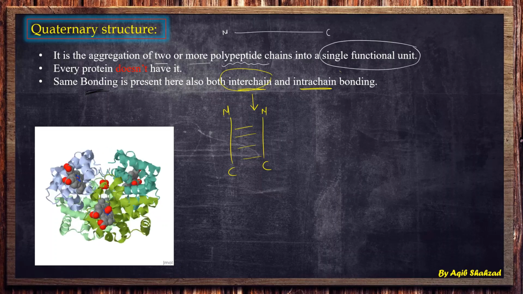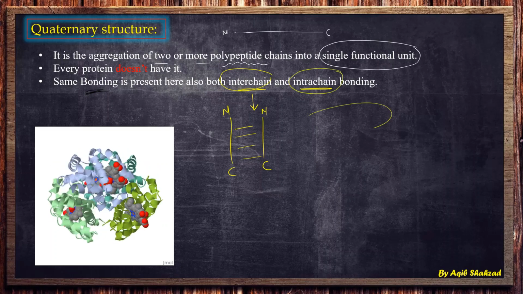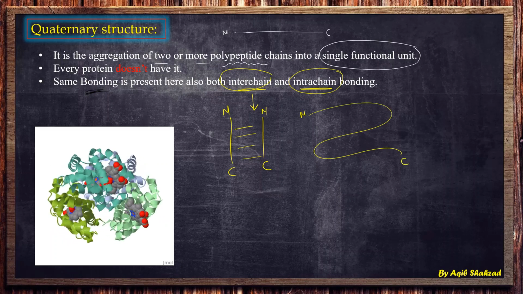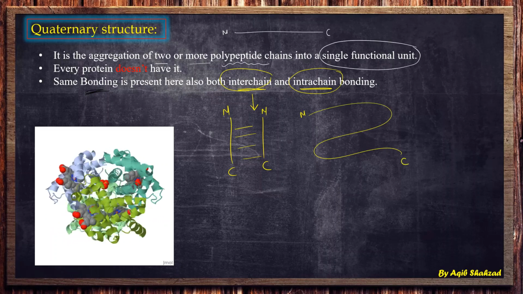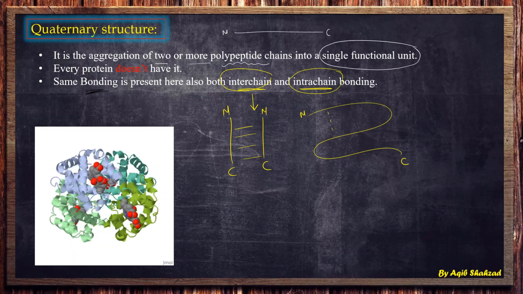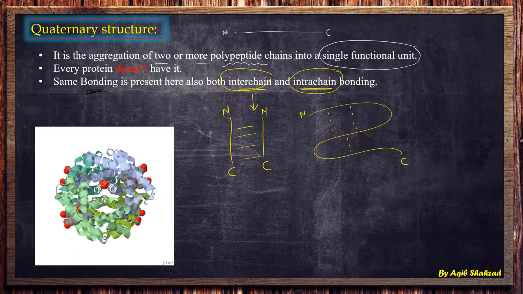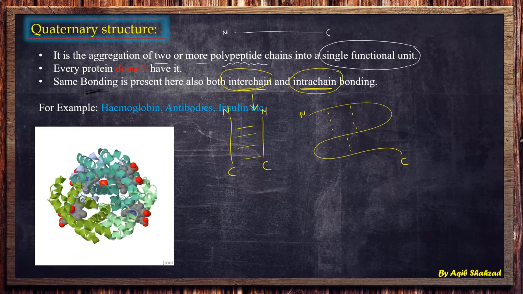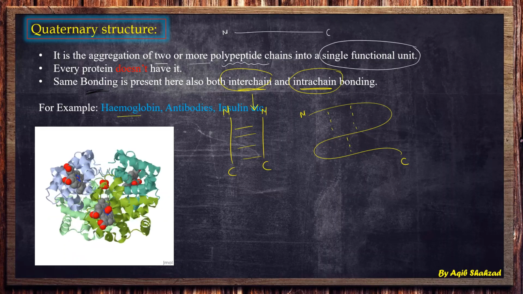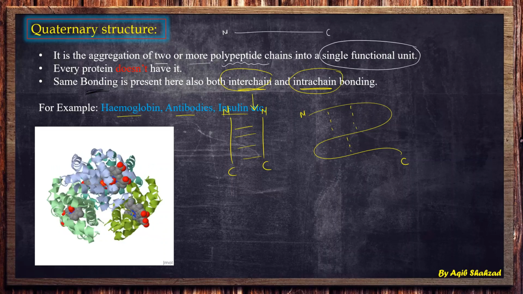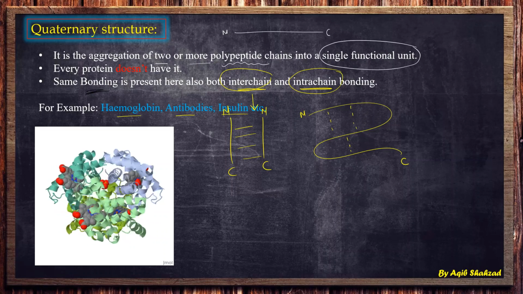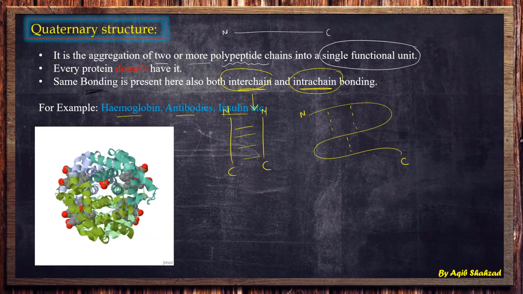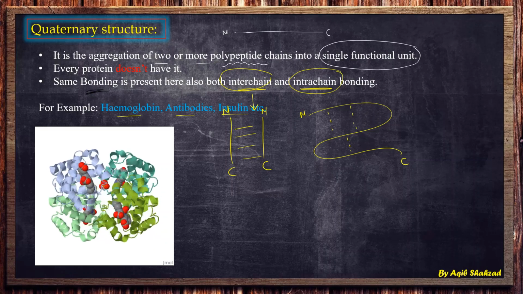And intrachain means this is just a single chain, which contains the N and C terminus, and in the same chain of polypeptide we find these bondings. So this is the explanation, simple. Examples are hemoglobin, antibodies, and insulin. These are different types of proteins which exist as a quaternary structure.